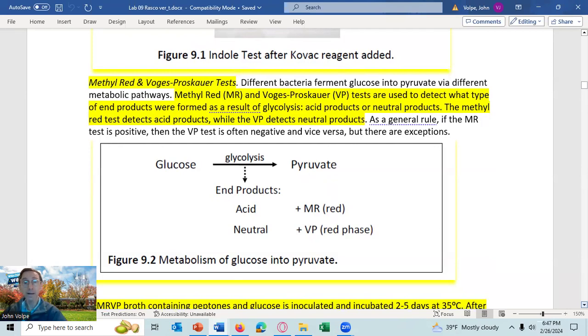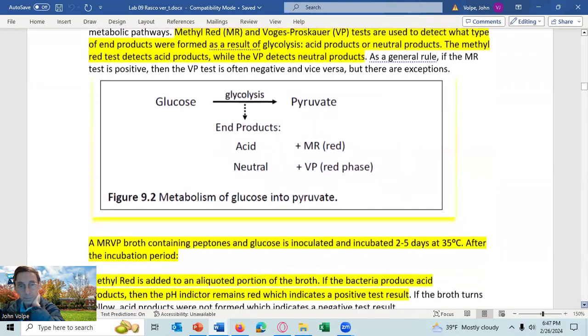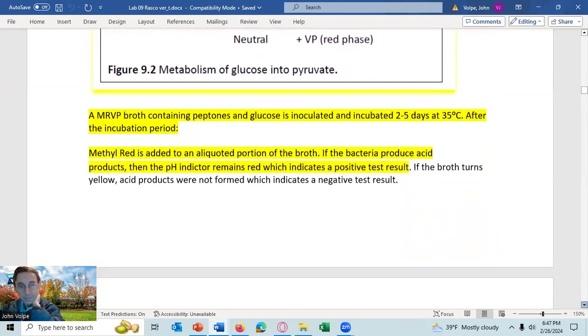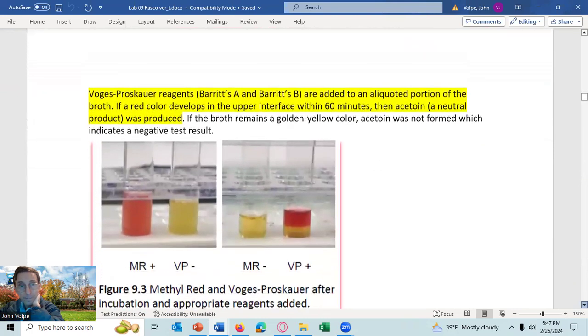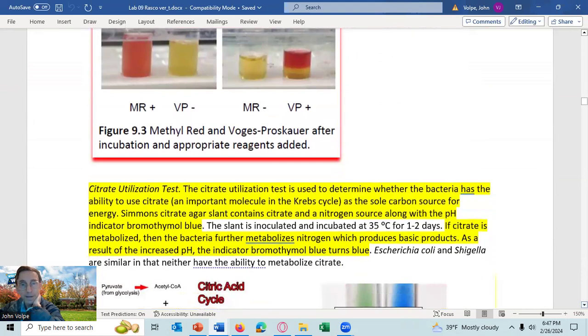So the MR test is looking for the production of acid. The VP test is looking for the production of a neutral byproduct, which is shown down below.